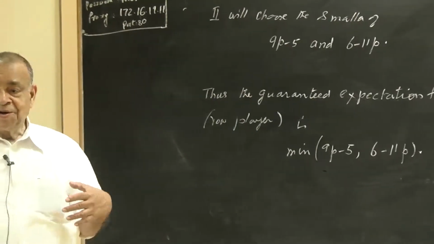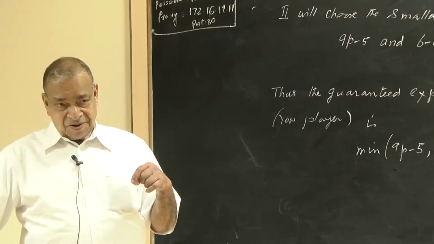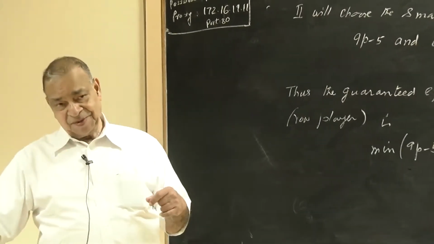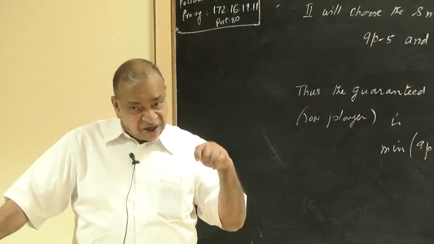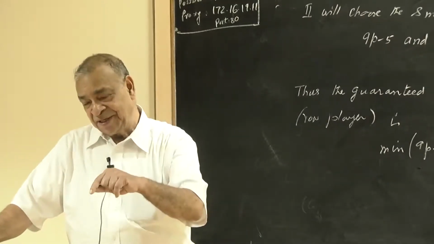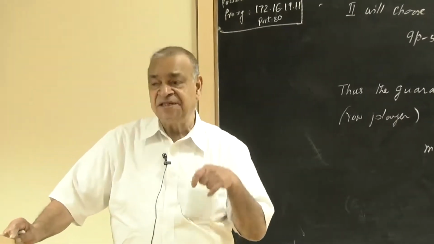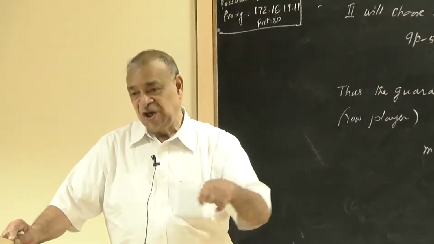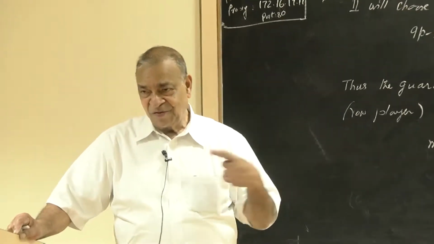Now, player 1 has to tell the P value, then he will do this. So if you are player 1 and you have to reveal the P value to the opponent, and the opponent will take advantage of this information to give you the least, you follow me?